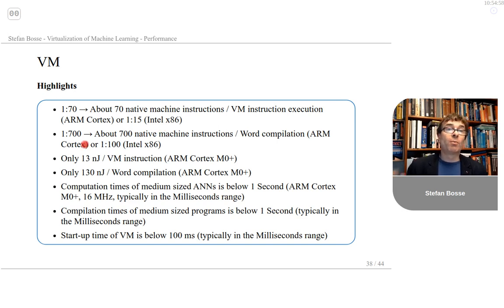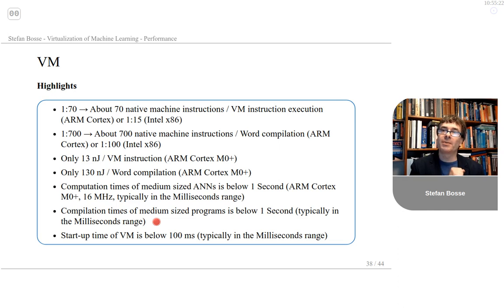We have a friction of about 1 to 700 for compilation. That means we need 700 native machine code instructions for one word compilation on the ARM Cortex, and 1 to 100 on the Intel architecture. We need about 30 nanojoule per VM instruction on an ARM Cortex, or 130 nanojoule per word compilation. Computation time of medium-sized RNNs is below 1 second.